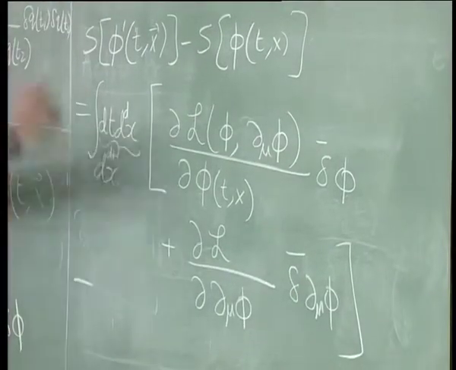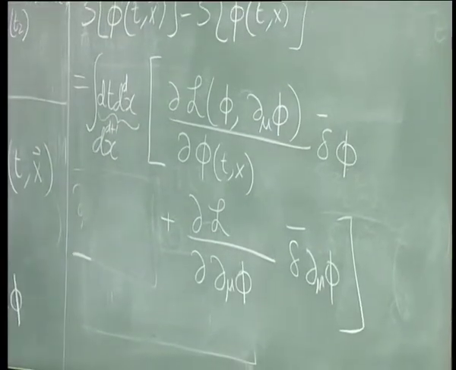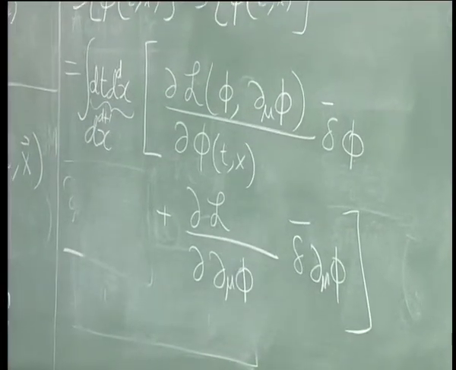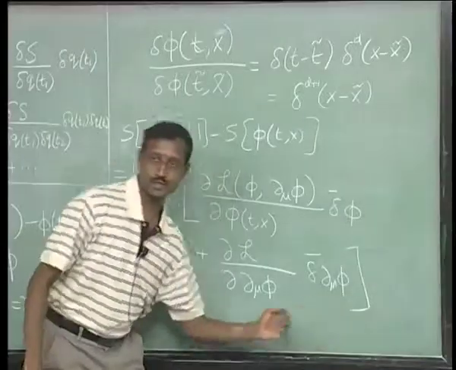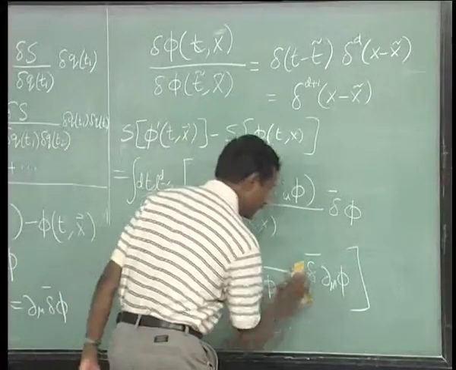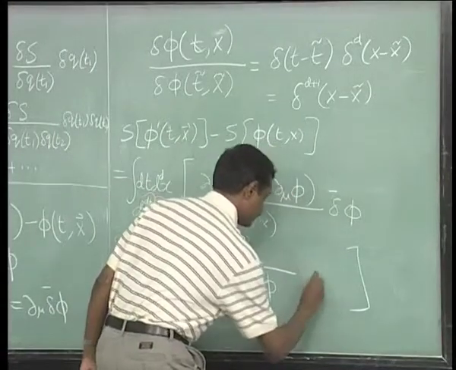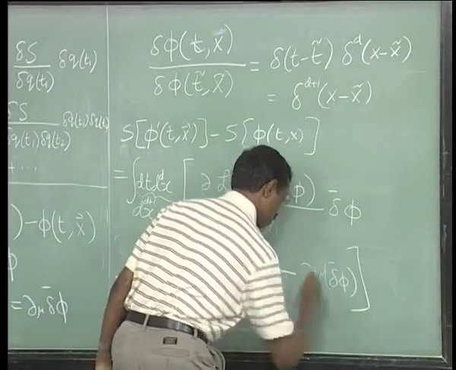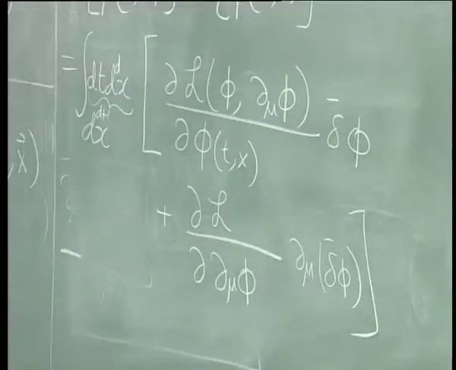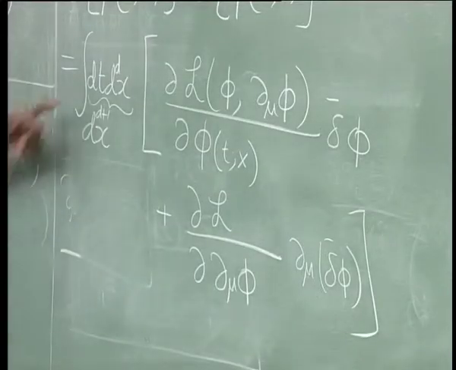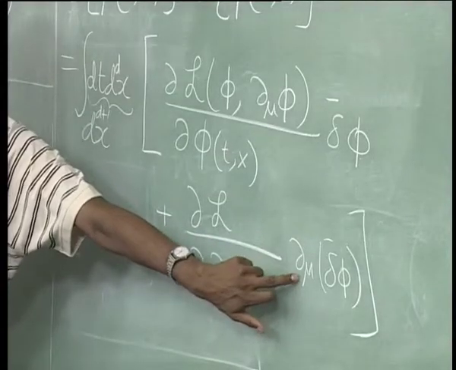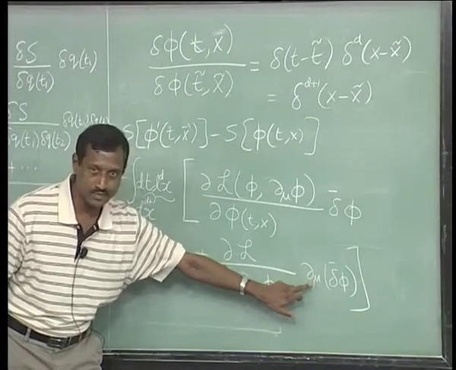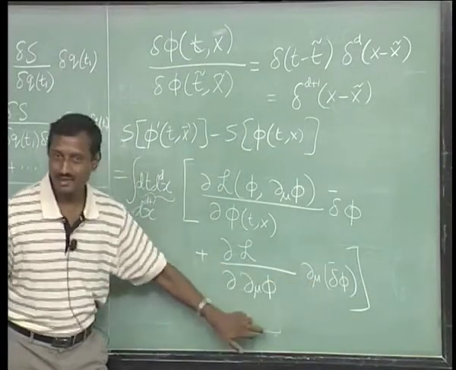So, this is what we get, which is analogous to that, but now we can again use this thing and I can exchange these two terms. Okay. So, now I can again integrate by parts, but now I have to carry out several integration by parts, one for every derivative. Okay.